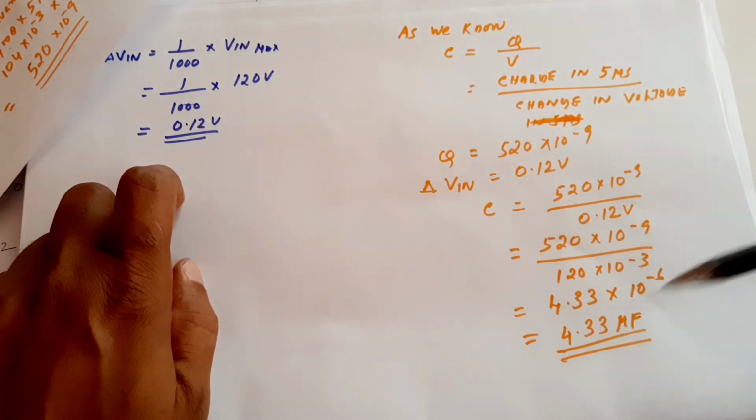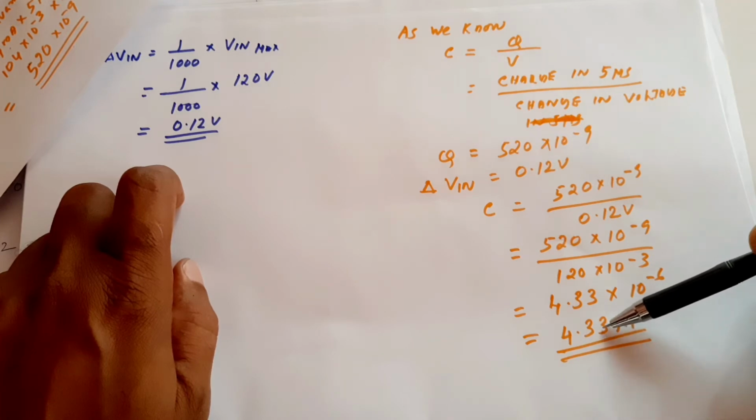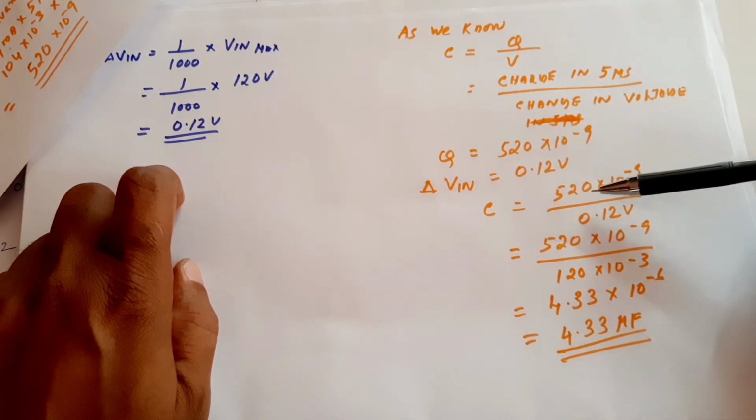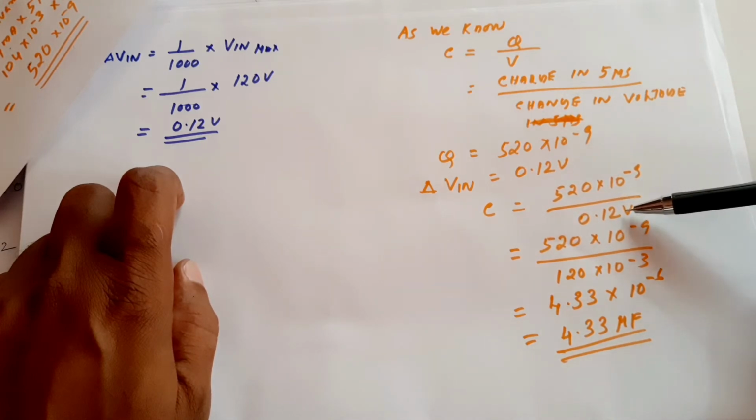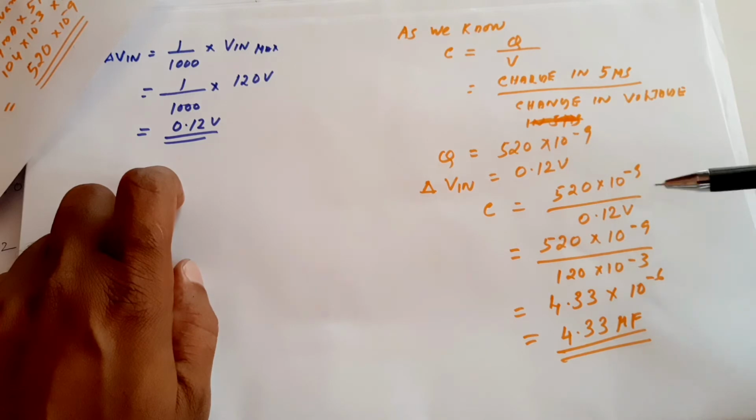4.33 microfarad. That means if a 4.33 microfarad capacitor is used, it is able to give 520 into 10 raised to minus 9 ampere of current for 5 microseconds, and the change in voltage will only be 0.12 volt.